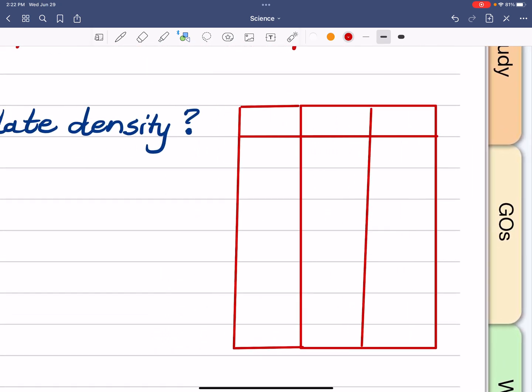So we're going to put substance in this first cell. And we are going to compare 3 substances. We're going to compare water. Let me just straighten mine up.